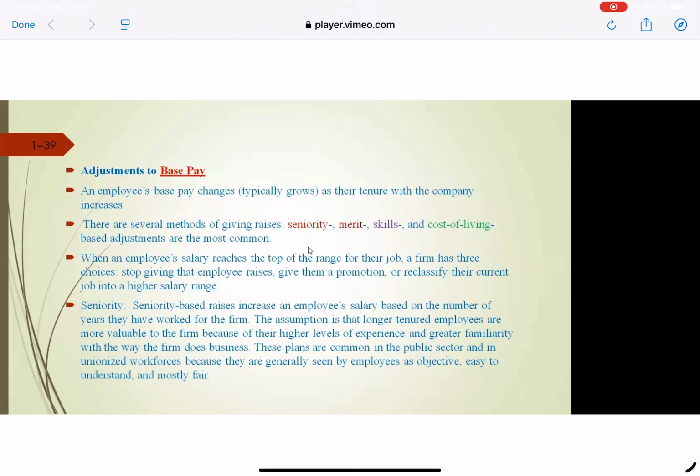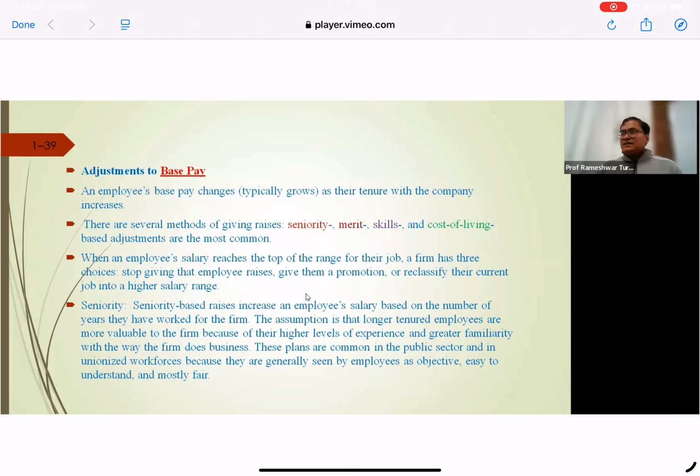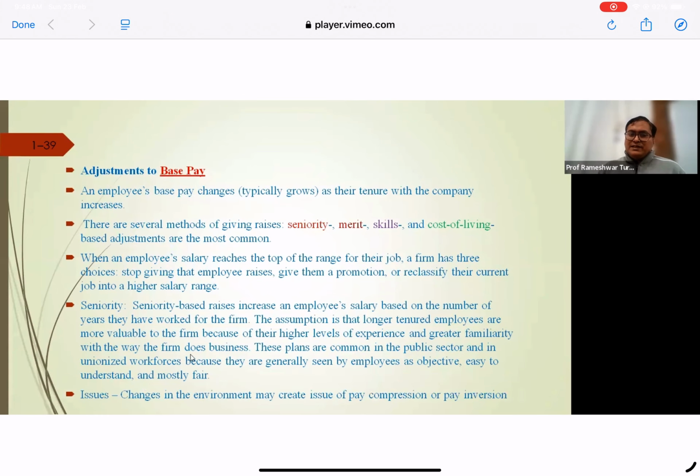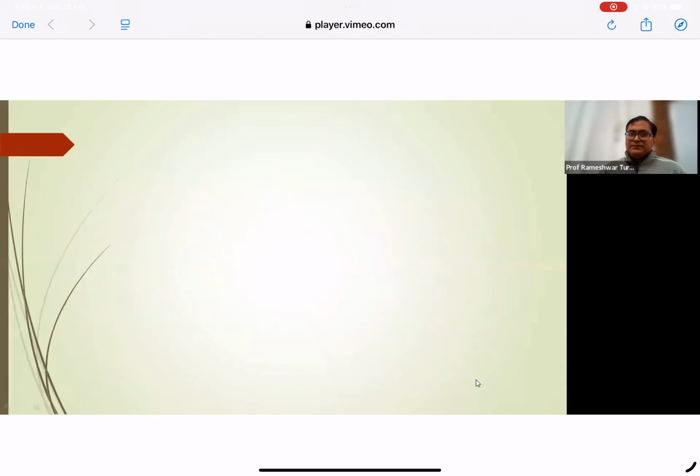This is seniority based. But not everywhere do the basic changes happen this way. The issue with seniority based pay is that changes in the environment may create issues of pay compression and pay inversion. What that is, we will see.